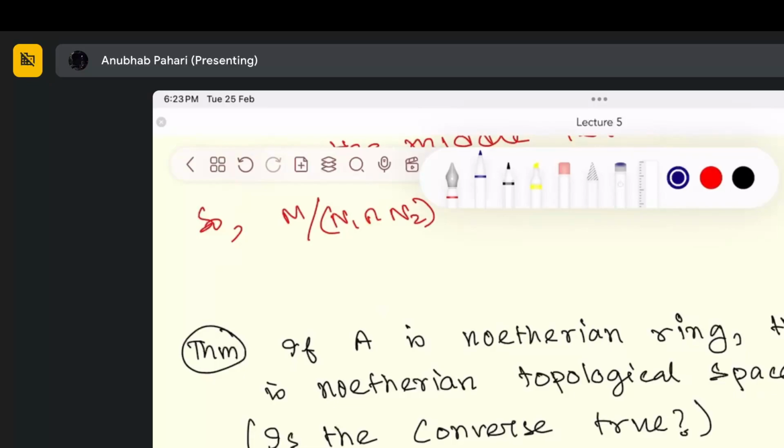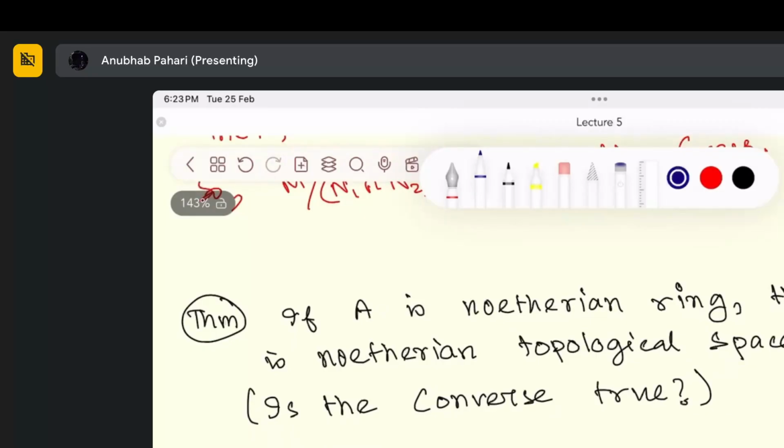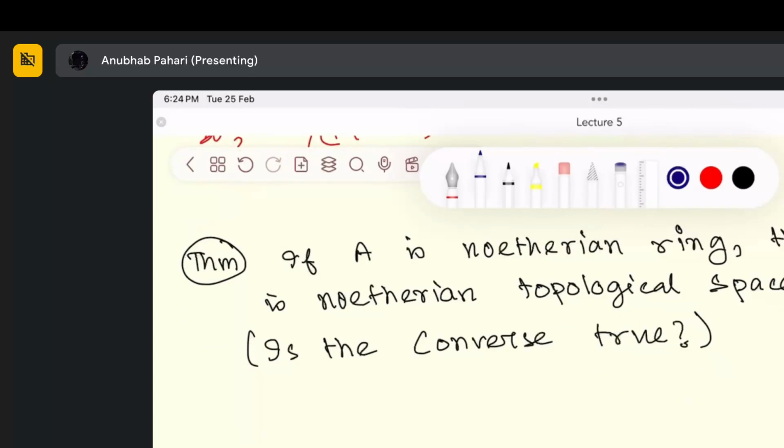A topological space X is said to be Noetherian if the open subsets of X satisfy the ascending chain condition.